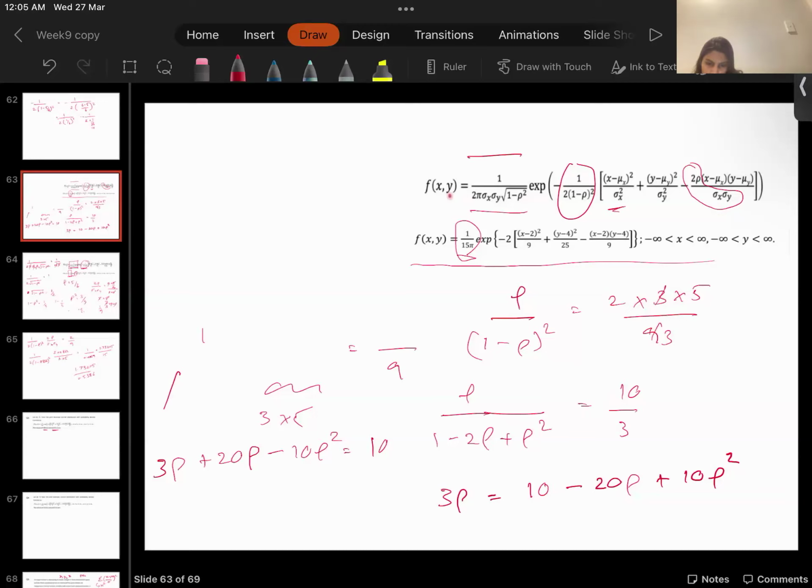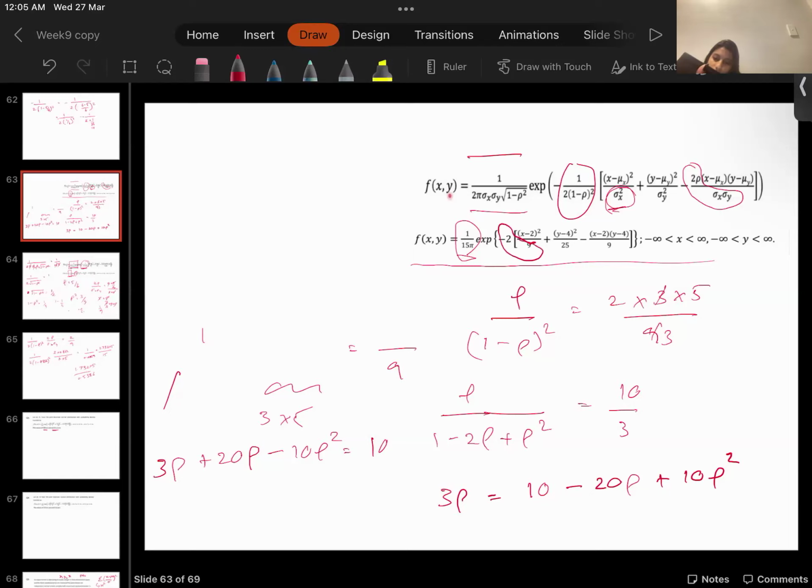But why are we multiplying this here? You said sigma x square, right? Into sigma x square is equal to 2 by 9. Here 2 is commonly taken outside, so that also should be multiplied.